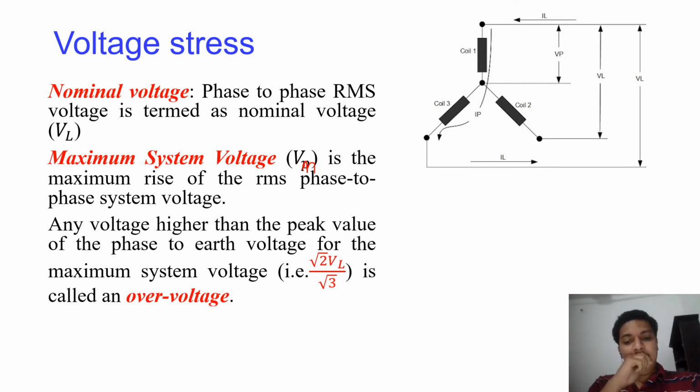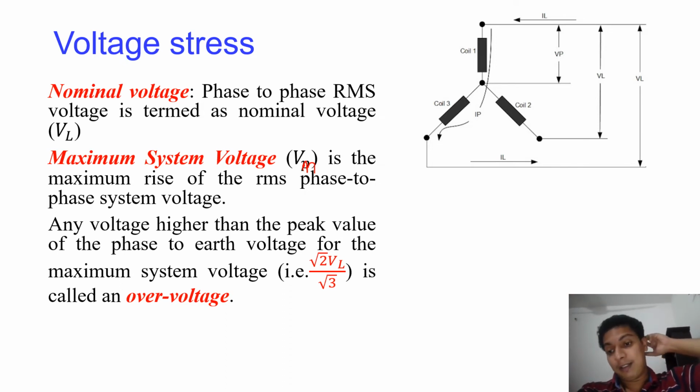When we say voltage stress, we mean that whatever nominal voltage your equipment is designed for, or whatever maximum system voltage is defined, some voltage more than that is coming. How do we define that?